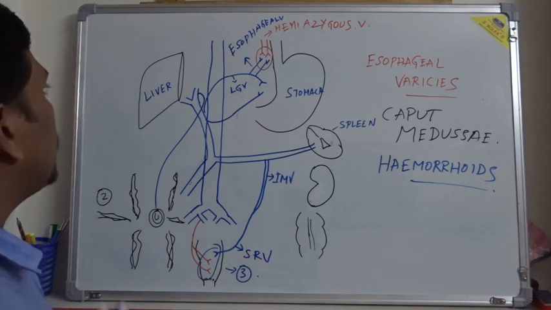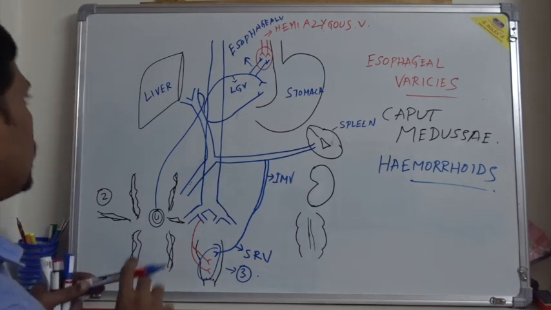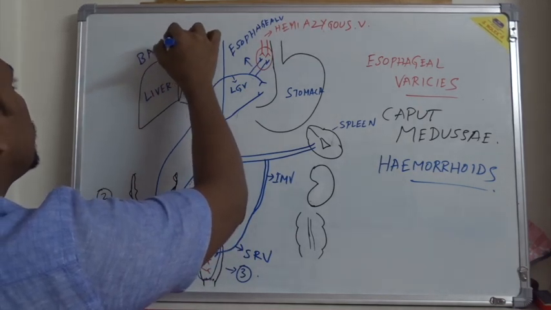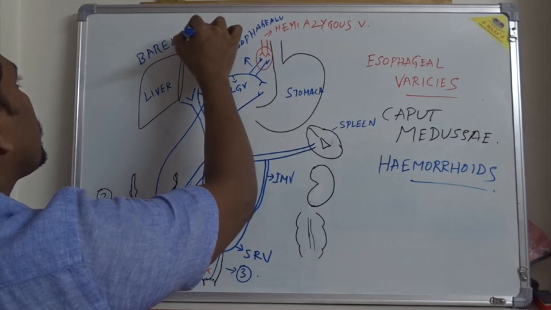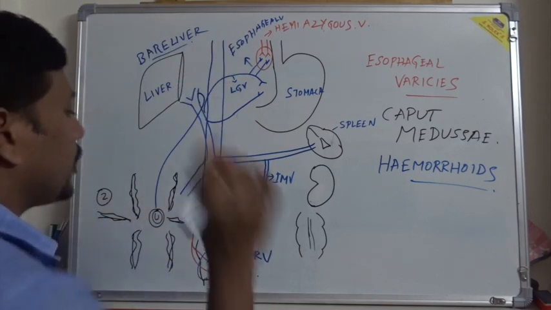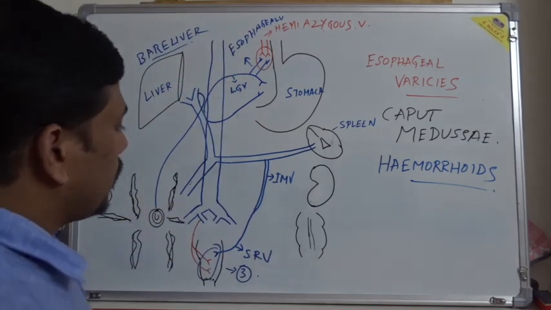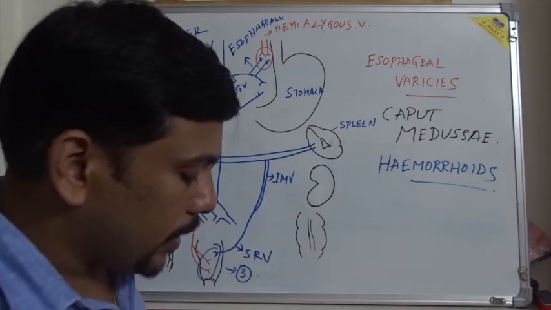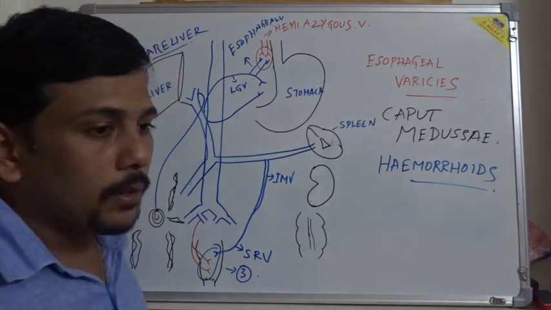Another important location here is the bare area of the liver, and also the retroperitoneal abdominal wall.